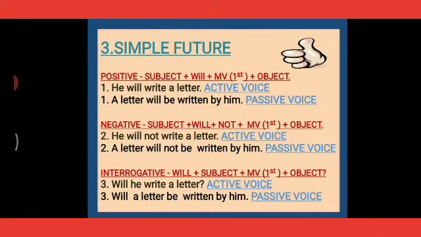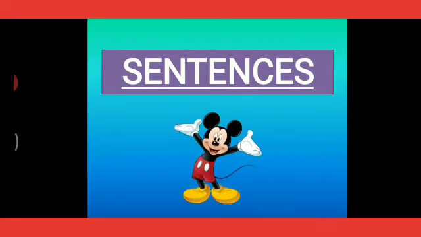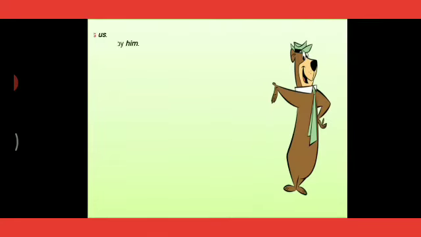Will a letter be written by him? Here they put will, then added the subject, then put the be. These are minor things that you need to concentrate on. Now let's look at some sentences so that things get clearer.